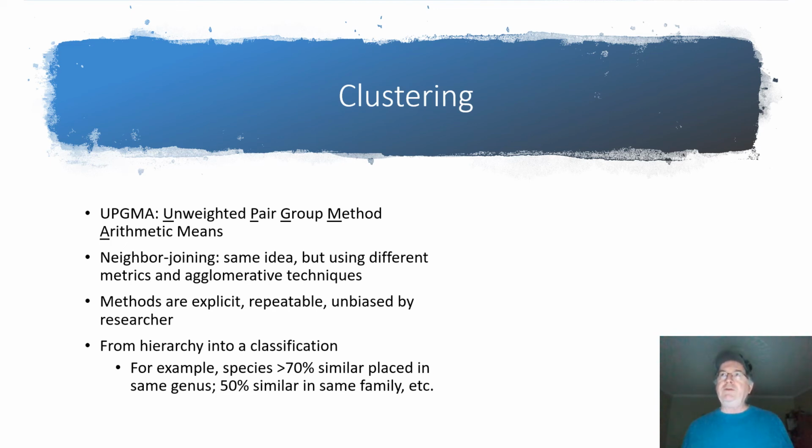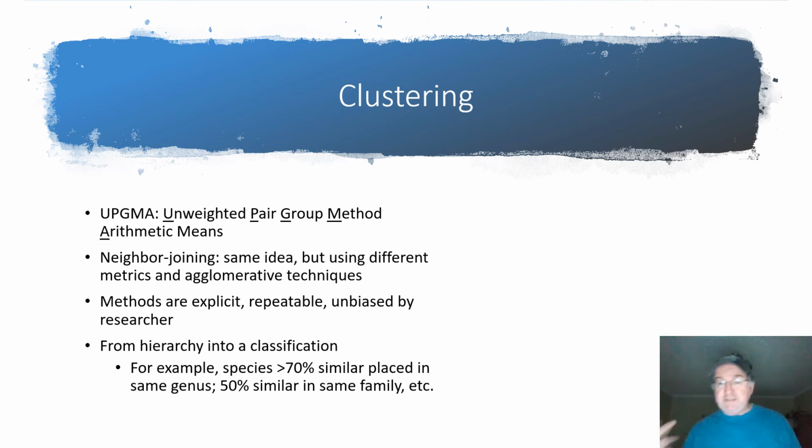You group things in a pairwise method, find the two that are closest, put them together, recalculate all the distances, find the two that are closest together, put them together and recalculate, and go through this until you have no more OTUs left, that everybody is joined into this tree-like structure. As I say, neighbor joining is very commonly used. One of the reasons is that it is numerically quite efficient, as opposed to some of the methods that we're going to be seeing once we get into phylogenetic techniques.